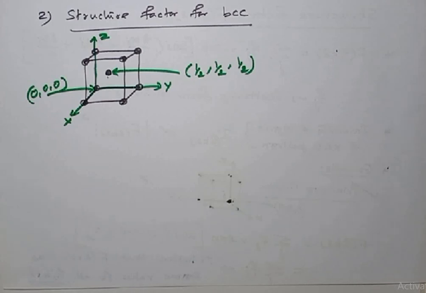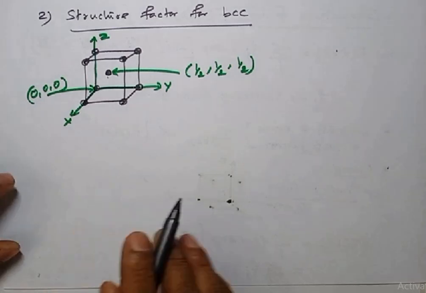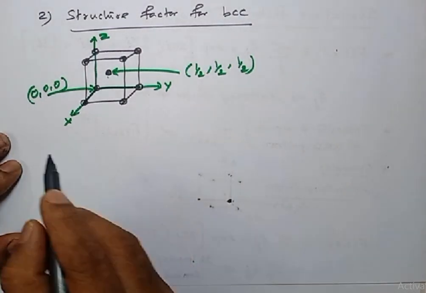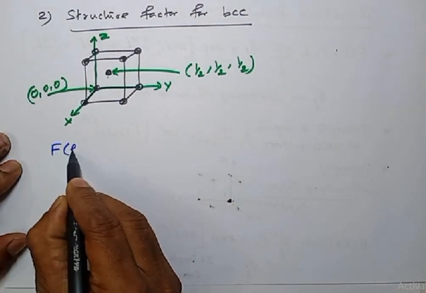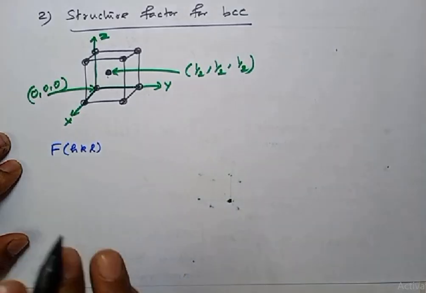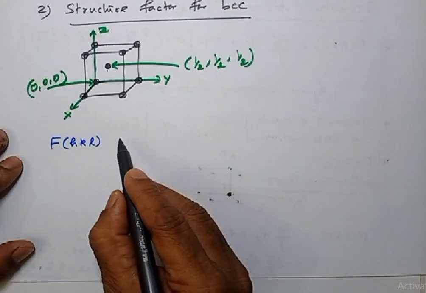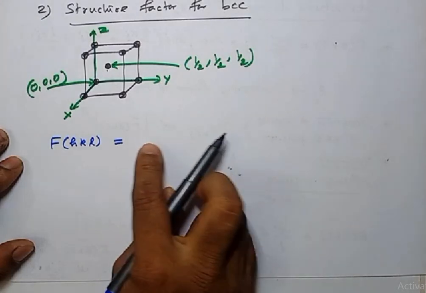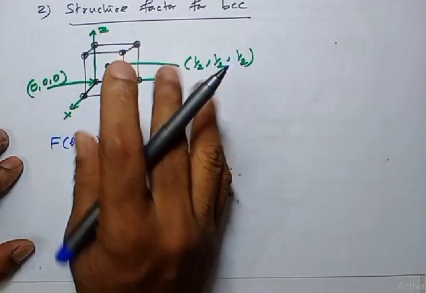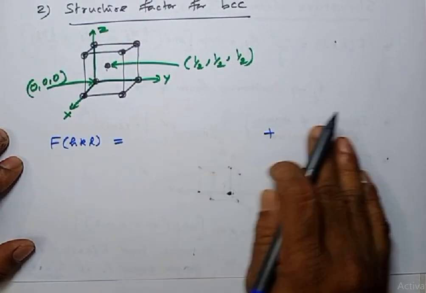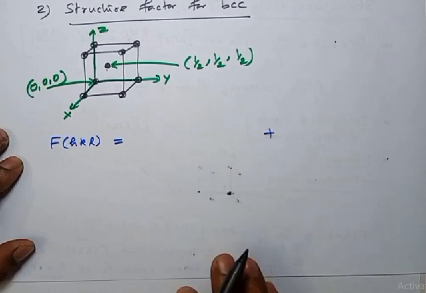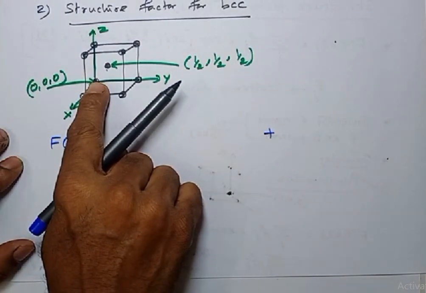Now I'm going to write the structure factor for this unit cell or for this crystal system. So the structure factor for the HKL plane equals, we have summation here, but now I have two different atoms. So I'll take the sum of two different atoms here. Number one, first I'll take the corner atom.